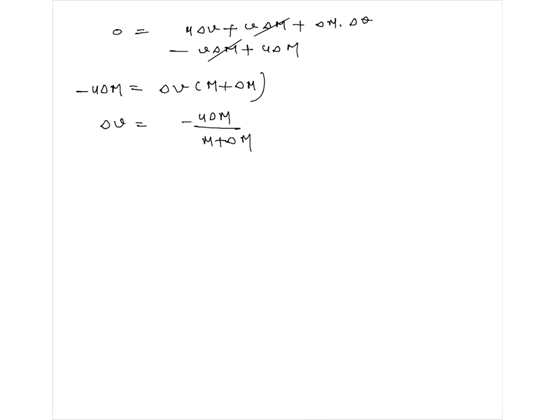Now we want delta V by delta t. We said R was constant, the rate at which gas was coming out, and we said it was positive also. So R is minus delta m by delta t.